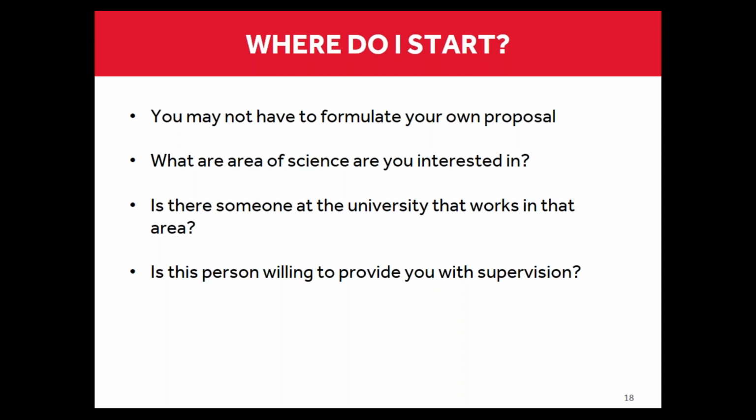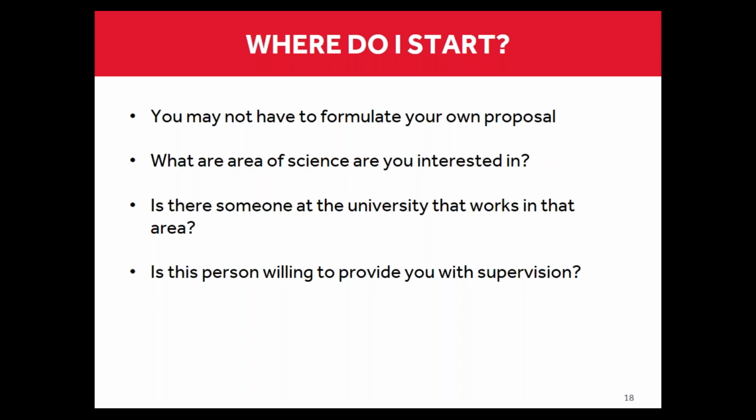So if you are going to write your own proposal, the first thing is to define what area of science you are interested in. Think about what you enjoyed during your undergraduate or your master's studies, and think about what it is that was interesting in that area that you want to now pursue. Once you've highlighted that, the key thing is to find somebody at the university that works in that specific area.